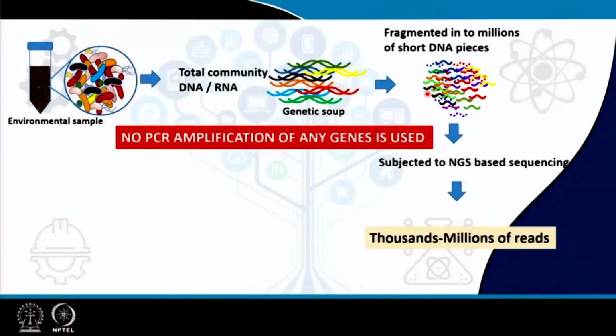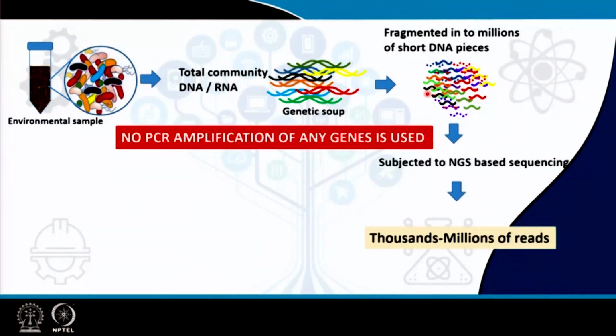Now, each of these small pieces is subjected to next generation sequencing methods. That is the beauty of these methods, that they are developed in such a way that they can handle a truly large number of short reads, and a larger number of reads are produced.